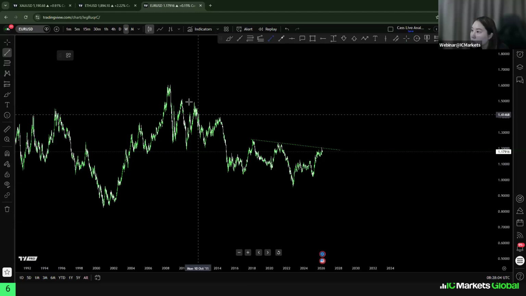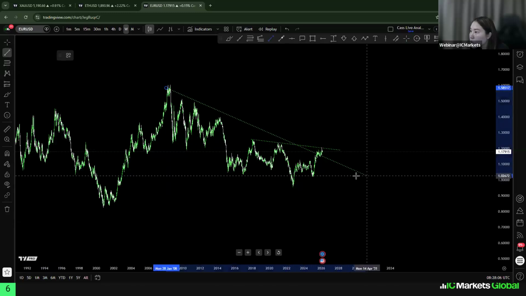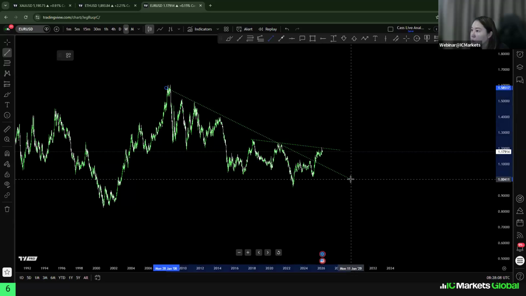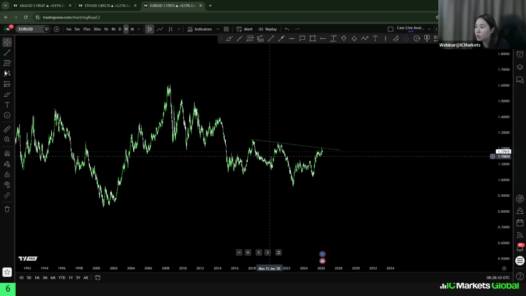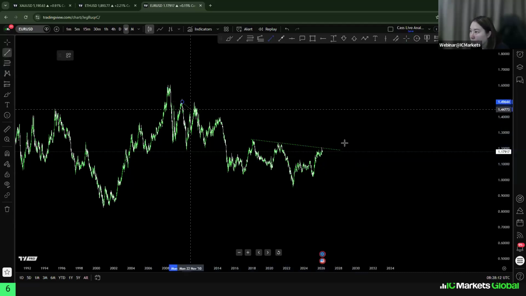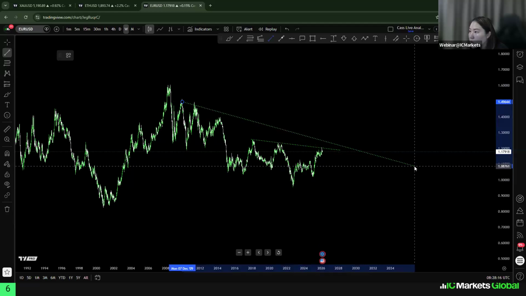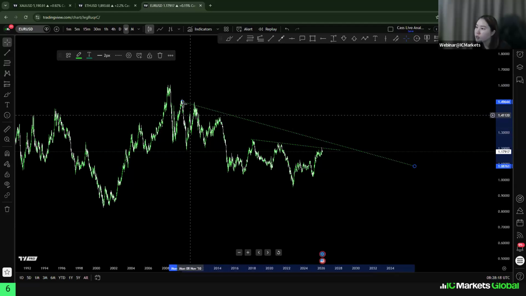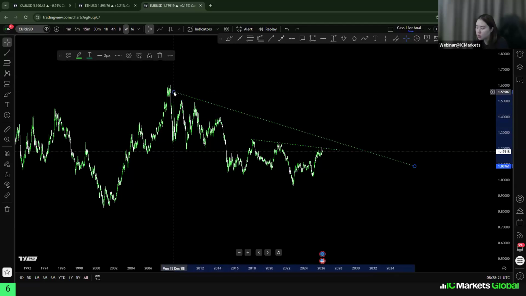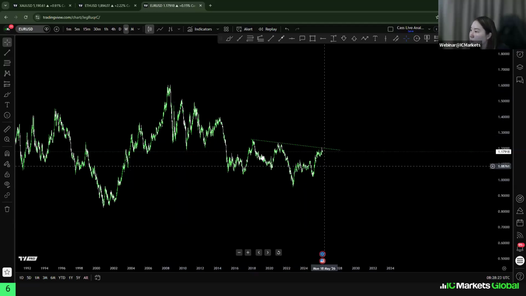It can, because technically we follow this trend line, not this trend line, this trend line. Right? It would still be a downtrend. It's just that it won't respect the downtrend here.